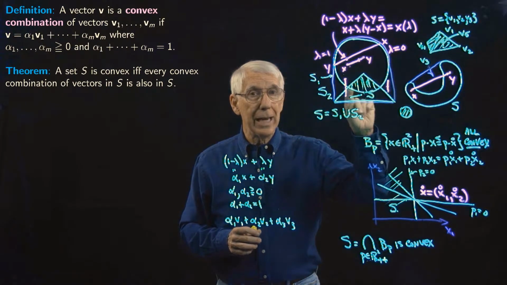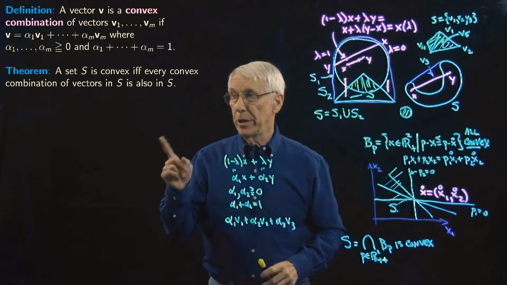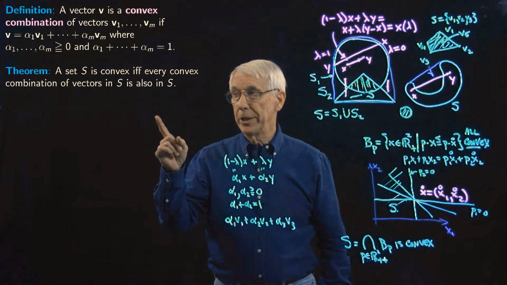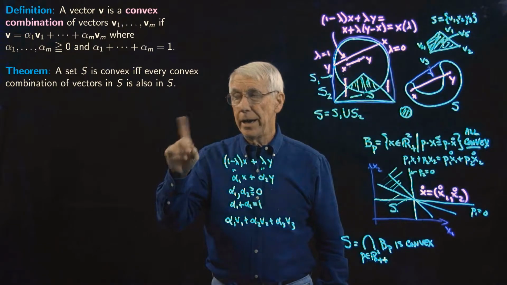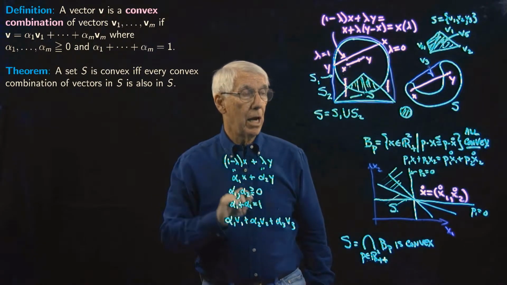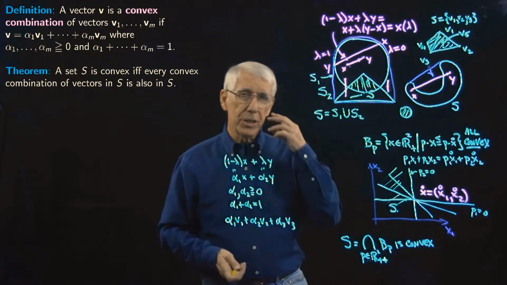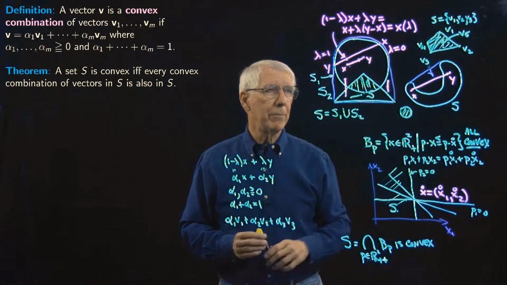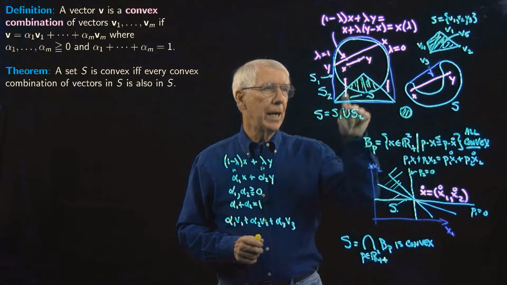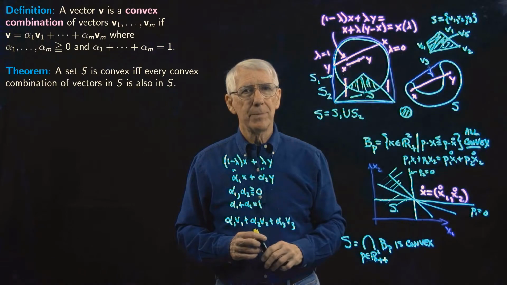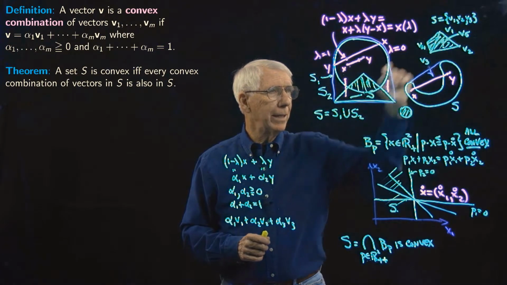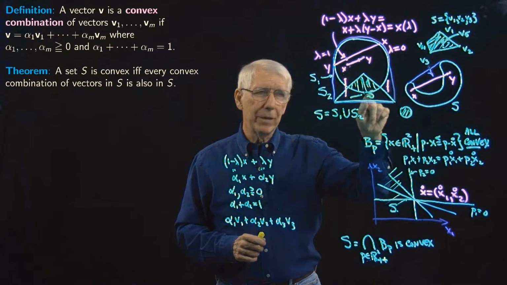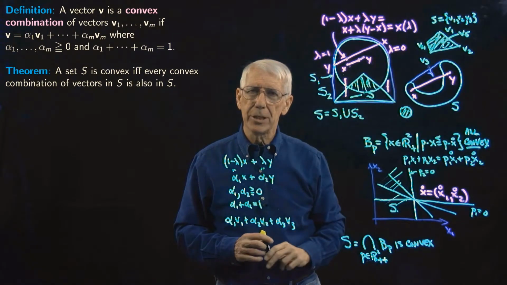That would have to be in S as well. That's what the theorem says when we're going in the direction that a convex set will contain every convex combination of vectors in S. And you can sort of see from what we did up here that that must be true, because if I take a bunch of vectors in S, then I take the convex combination of all those vectors, I get something like we did up here. Intuitively, that's clearly still got to be in S.